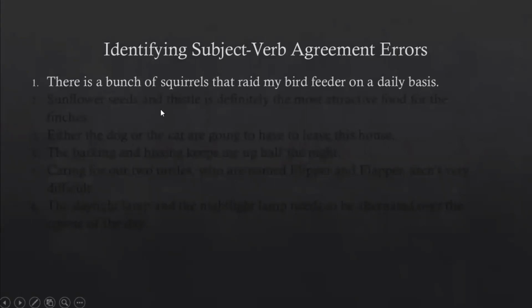Now, does anybody know what part of speech that is? Of is a preposition. That means that the noun that comes right after it is the object of the preposition, okay? Which in itself, not that important, but when identifying the subject, it's not going to be the object of the preposition.